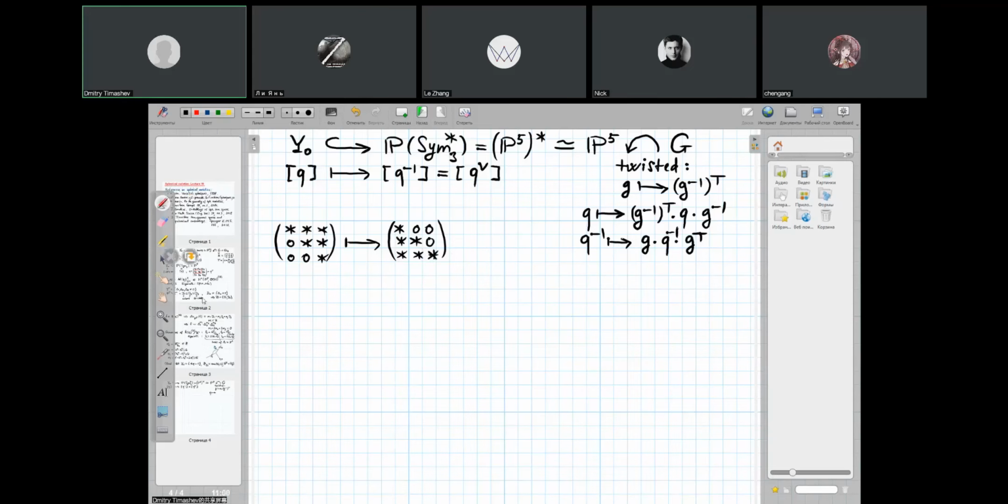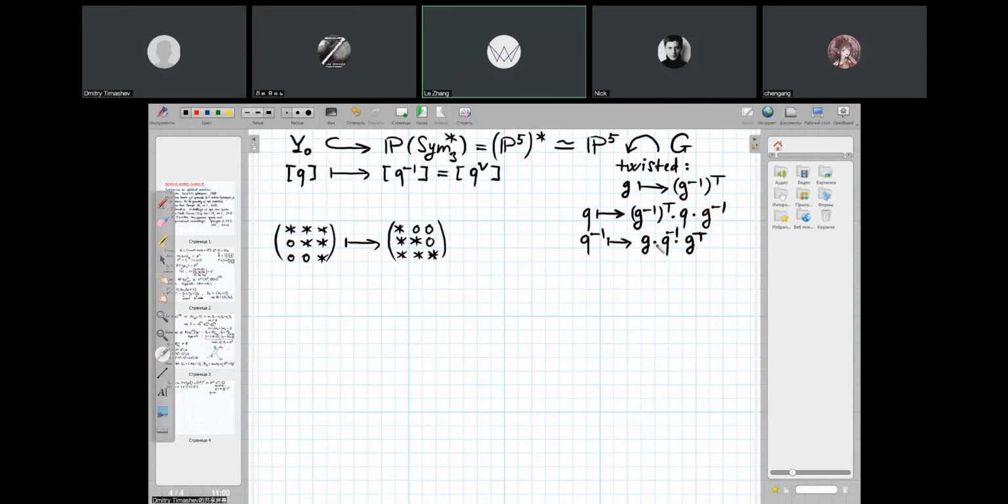So under this twist, under this automorphism of G. I don't mean inverse on this. I mean inverse on the whole product, I think. No, I mean that if Q is transformed in this way, then Q inverse is transformed in this way. If you take the inverse of this guy, you will get this, right? The inverse of this guy will be this. Oh, yes, I see. Okay.